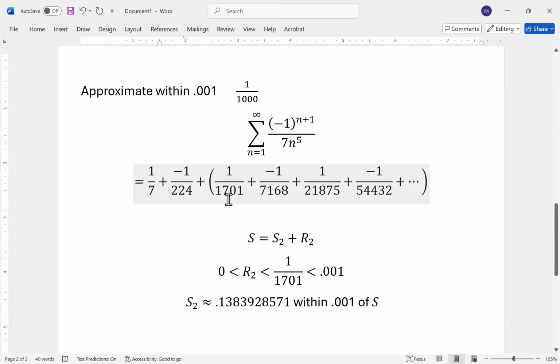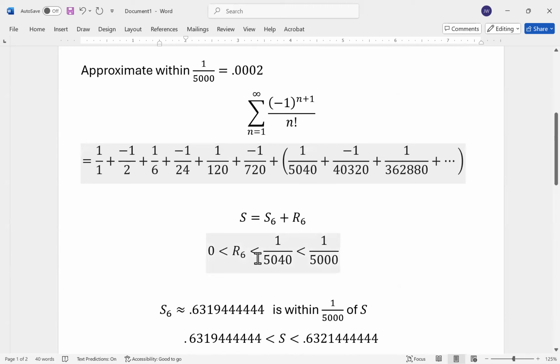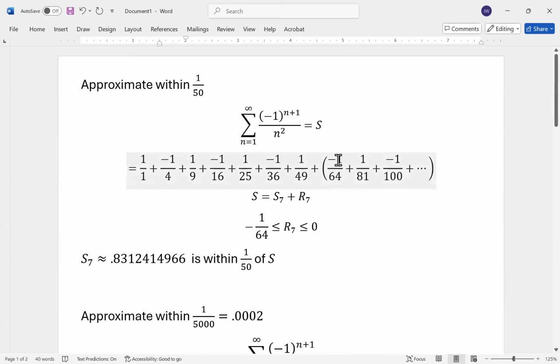Sometimes that first term is positive, like in the last couple of examples. But in the previous example, the first term of the remainder was negative, and so we're still bounded by 0 and that first term. It just happened to be a negative.